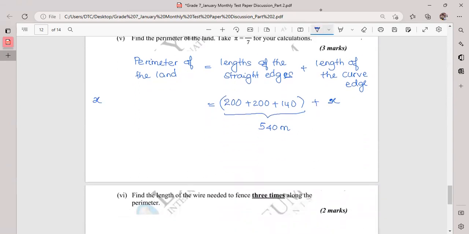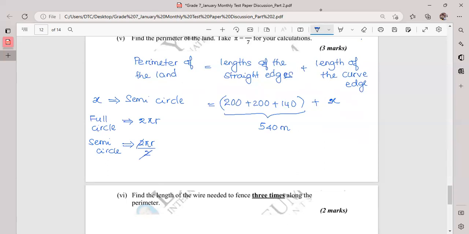The X is what? The semicircle, right? This is a semicircle. Tell me, children, how do you find the full circle perimeter? What is the formula? 2πr. Now, for the full circle it is 2πr, right? Then the semicircle will be 2πr divided by 2.